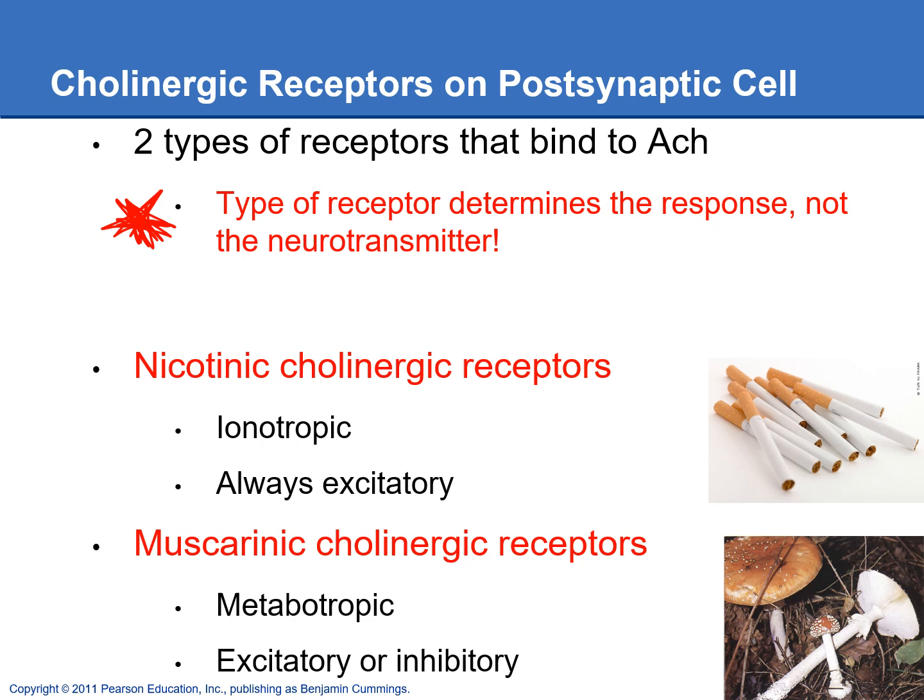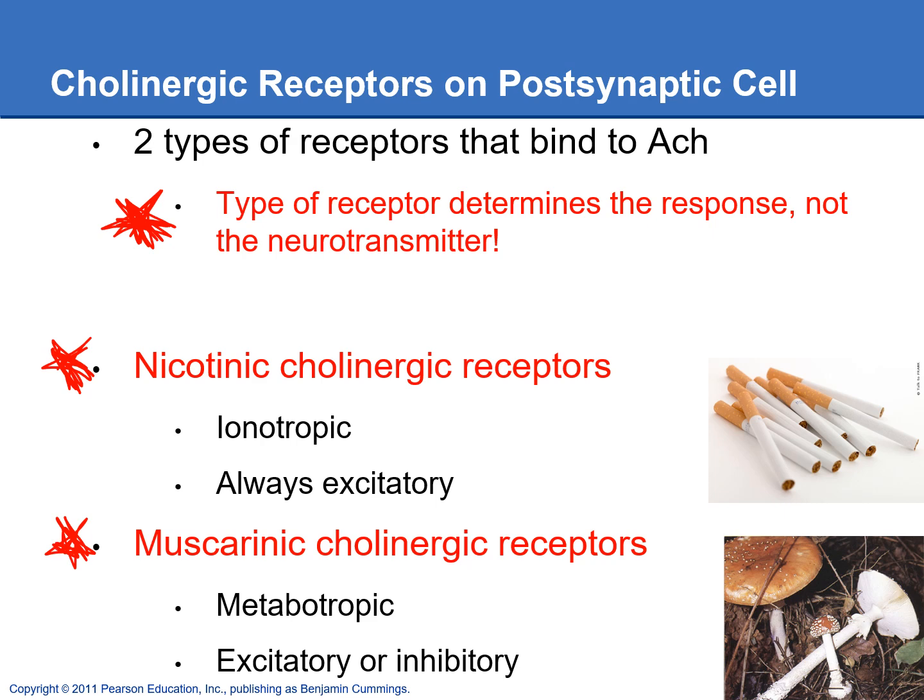Because you can have the same neurotransmitter acetylcholine, but you can get totally different responses in your target cell because you've got different receptors that the acetylcholine is binding to. So we'll see that. All right, so the two cholinergic receptors that acetylcholine can bind to that you need to memorize. We have nicotinic cholinergic receptors and muscarinic cholinergic receptors.